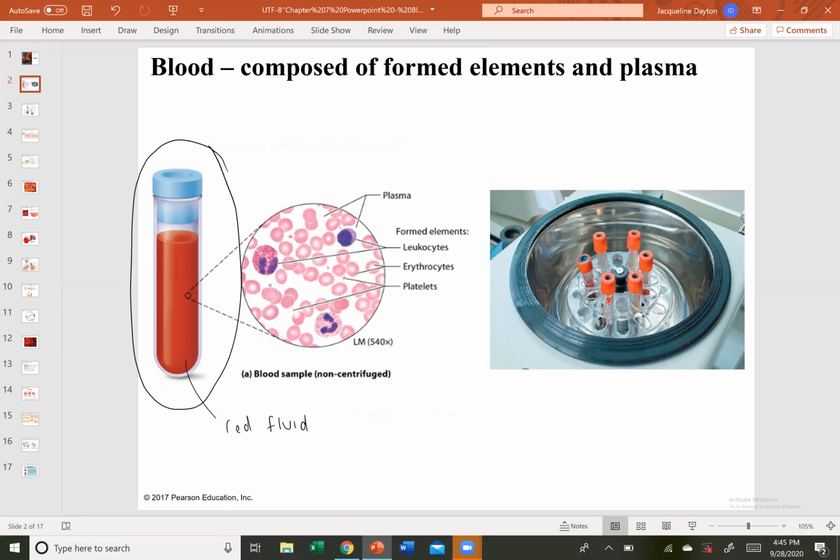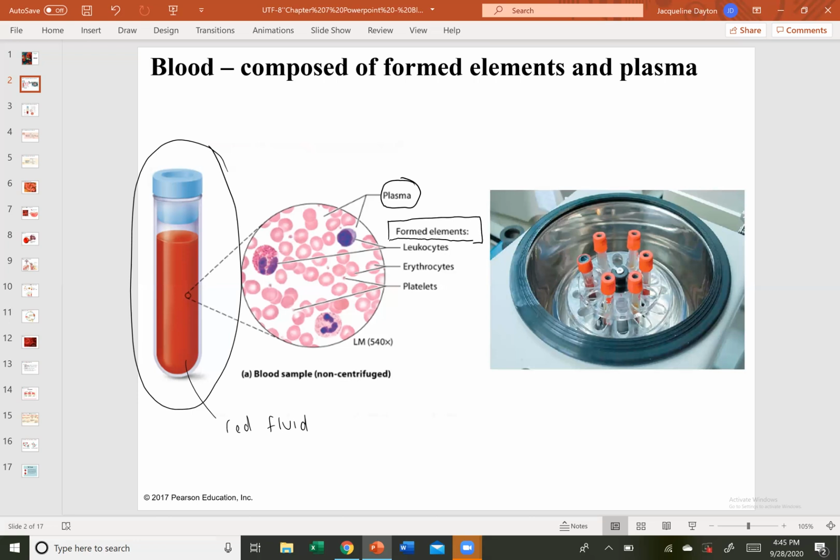If you were to take a close-up look of what a sample of blood were to look like, you'd see it's a mixture of a few different major components, okay? There's this liquid component called plasma, and inside of that liquid component, you have these formed elements or these cellular elements that are floating around in the liquid plasma.